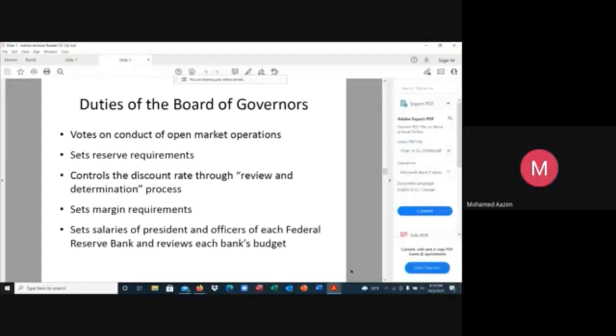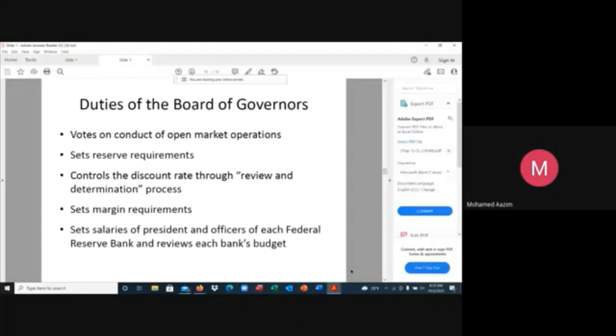Then these members of the Board of Governors, they have votes in conducting open market operations, but interestingly, most of the time what we see is consensus-based decisions being arrived at. They don't try to go to votes, but they can.